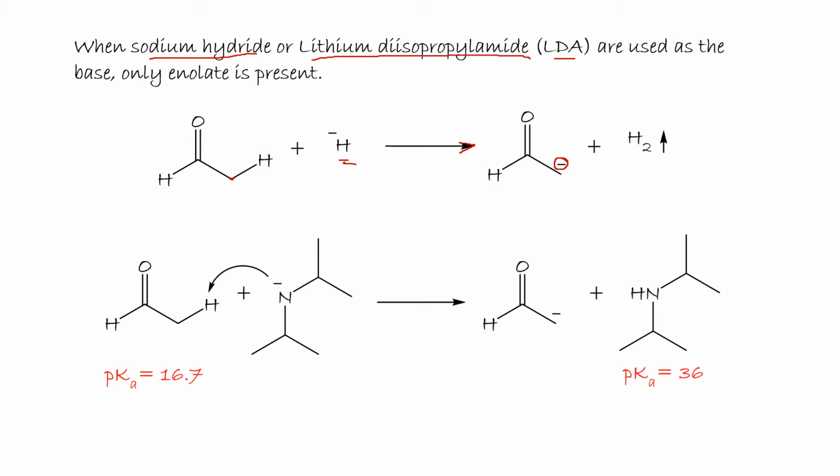When we have lithium diisopropylamide, we will have the salt, like here, the lithium salt. You can see clearly here pKa 16.7, here pKa 36. So this is a weaker acid, and the reaction goes this way.